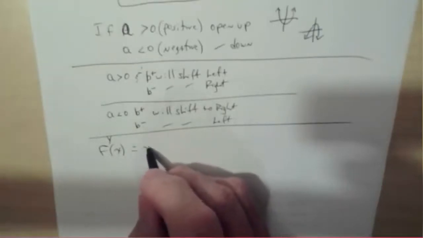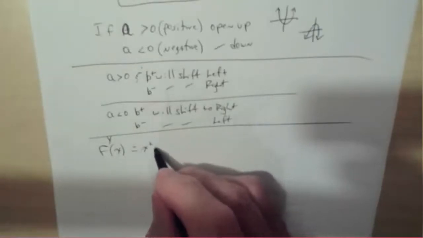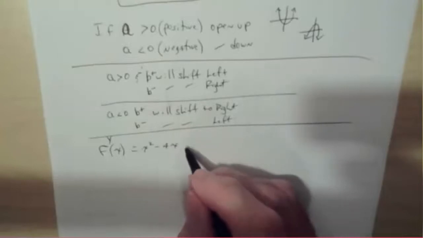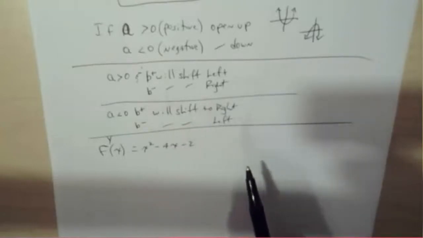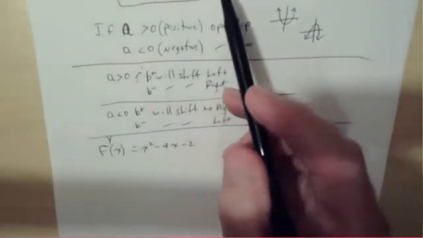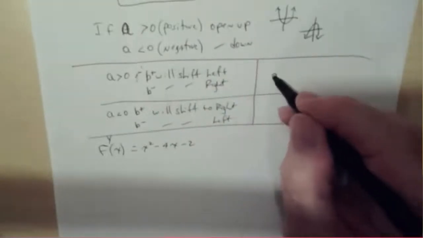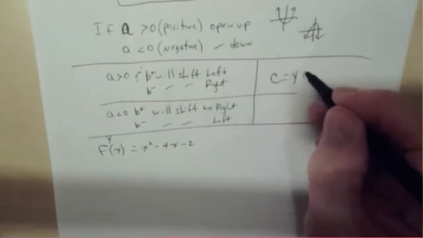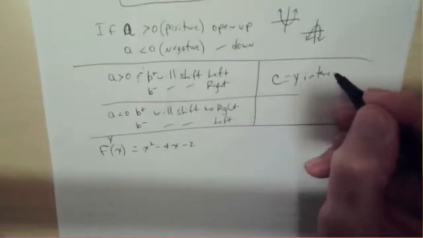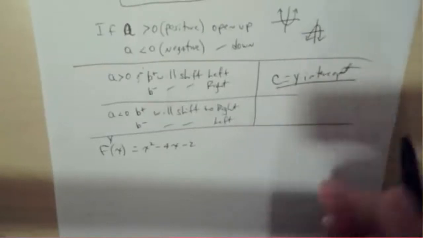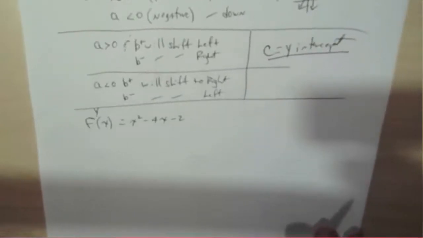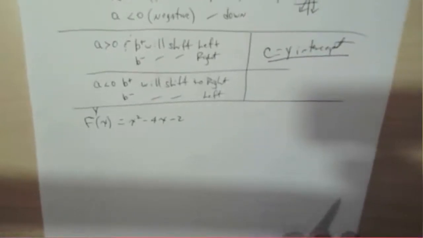So if you have, remember, f of x is the same thing as y. If this equals x squared minus 4x minus 2, and also c is the y-intercept, but that is not the bottom of the parabola necessarily.